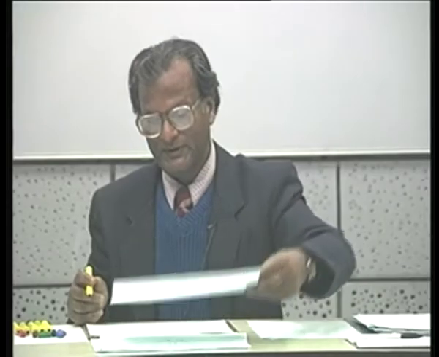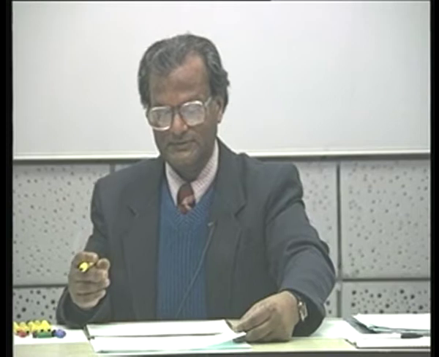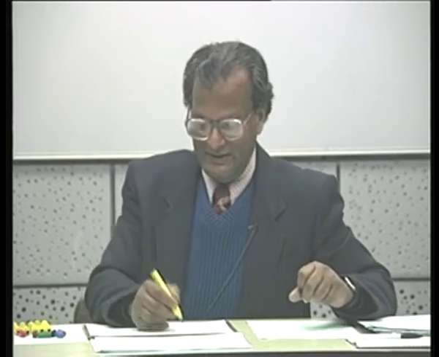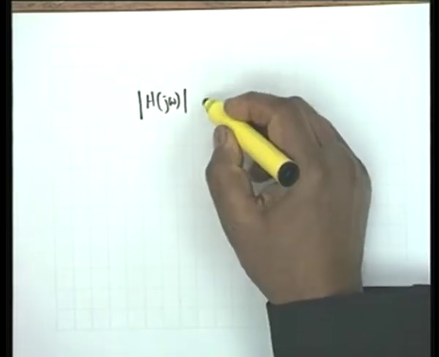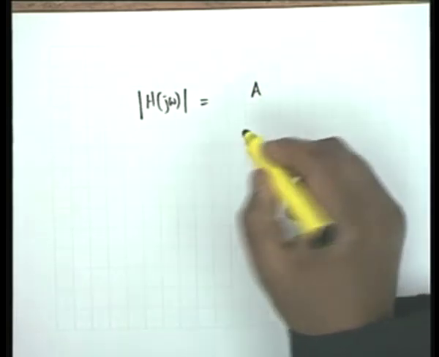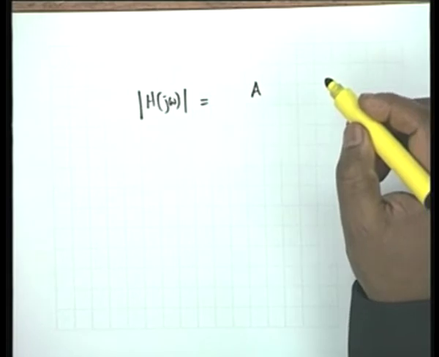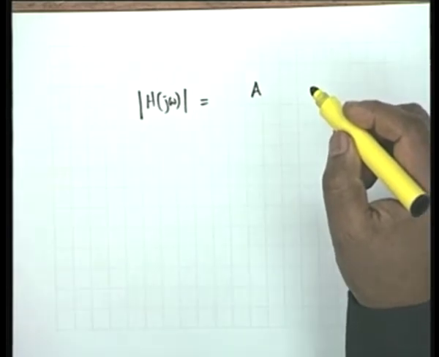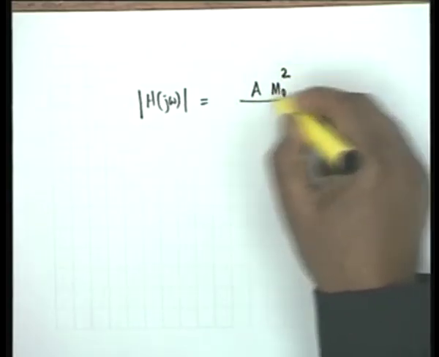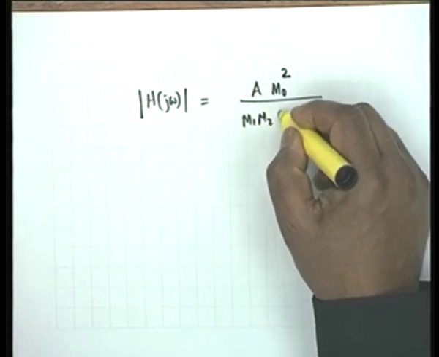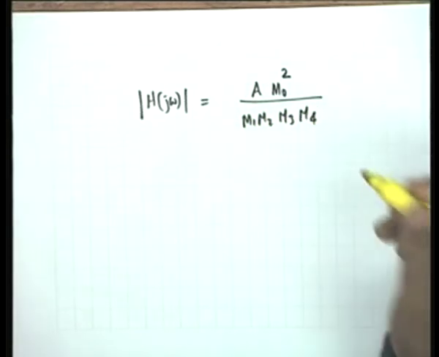The major deviation of working of this example shall come in calculating the value of the maxima. Here magnitude of h of j omega shall be A multiplied by the zero vectors drawn from the zeros, and there are 2 of them now, not 3. Therefore it would be m0 squared divided by all the 4, m1, m2, m3 and m4. Agreed?